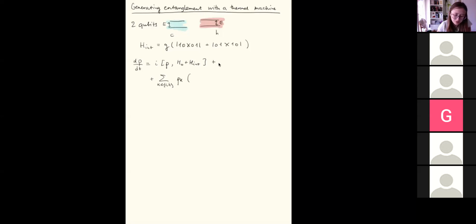And k can take two values, c and h, corresponding to the cold bath and the hot bath.